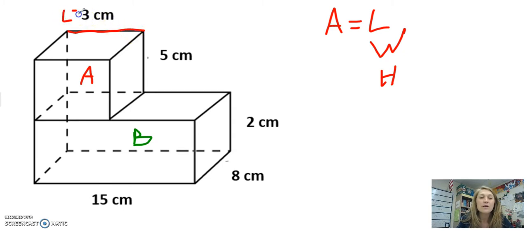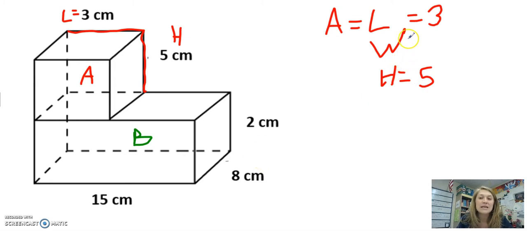So right now, we know that the length of figure A is 3 centimeters. I also see that this side right here is labeled as 5 centimeters. And I know this goes from top to bottom, so this represents my height. So I also know that my height equals 5 centimeters.